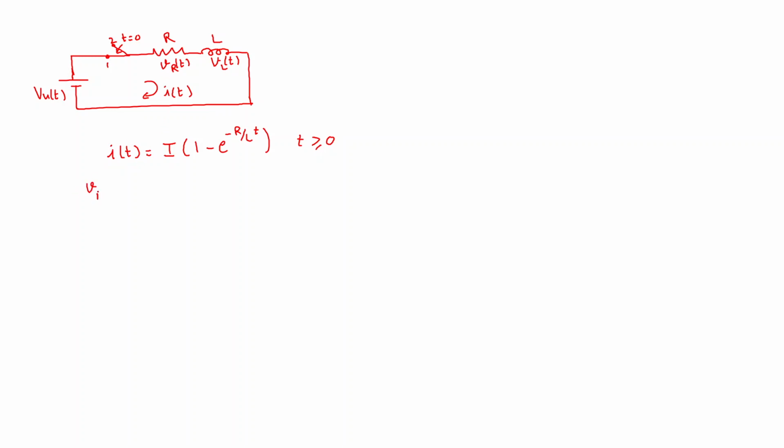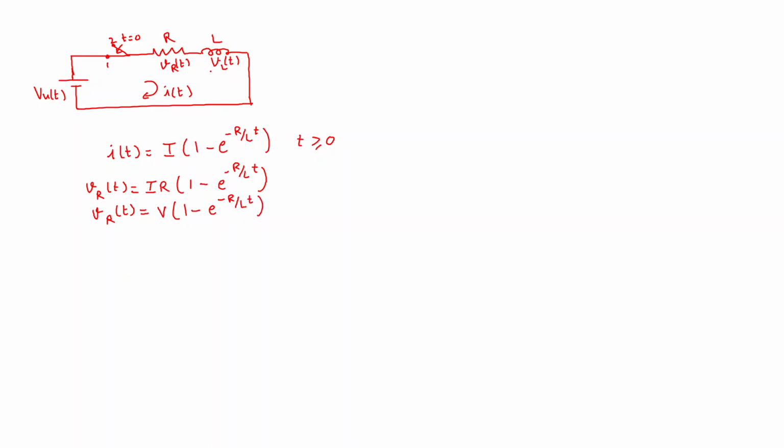So VR of t is I into R, 1 minus e power minus R by L into t. We know that I is equal to V by R. So IR is equal to V into 1 minus e power minus R by L into t.